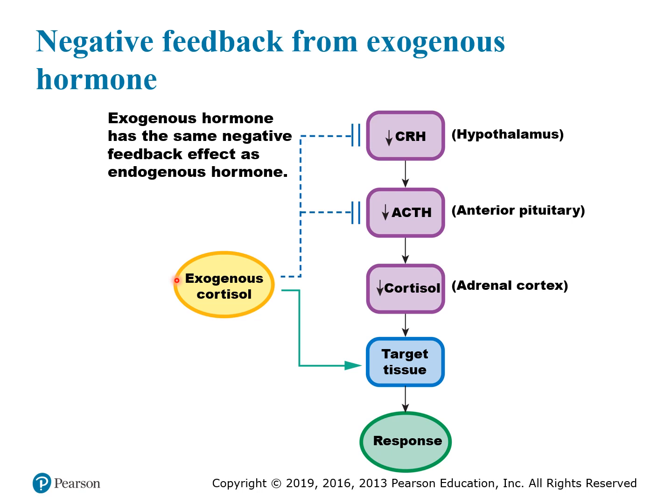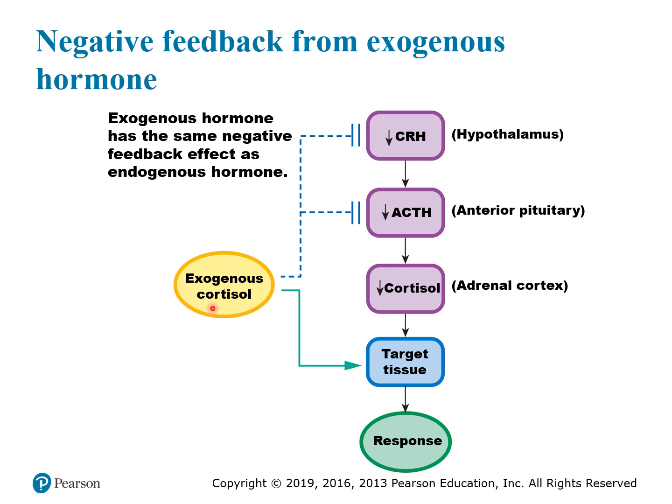So if the exogenous cortisol drug that you are taking, you're taking it every day and it's starting to accumulate within your body, that drug can actually act as a negative feedback signal, just as the cortisol produced within your body.